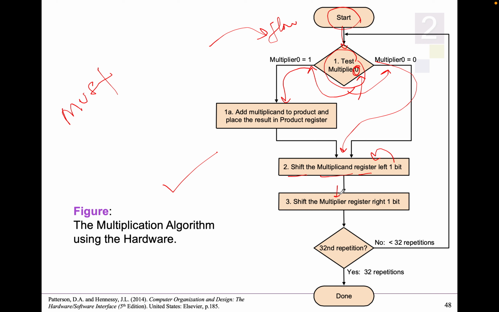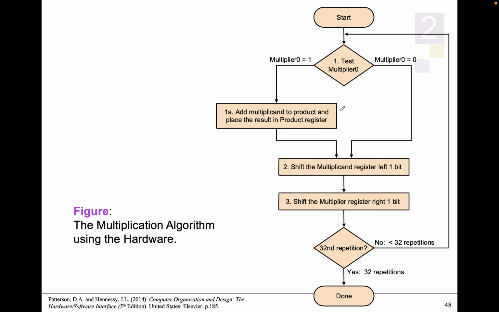You repeat again, and then check whether it is the 32nd repetition or not. If yes, you are done. If no, you continue. Let's see what all these mean. First of all you need to remember it, and second you need to know the steps.